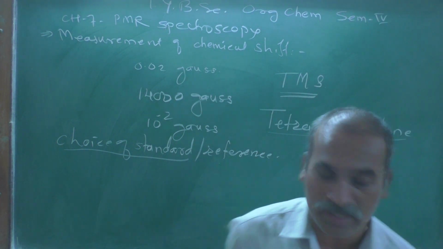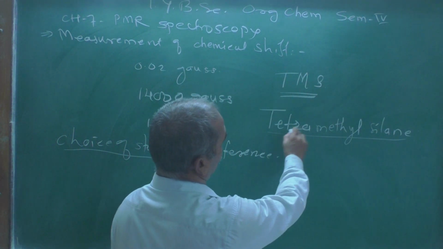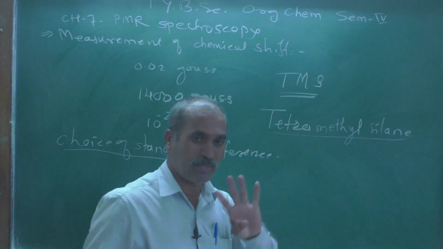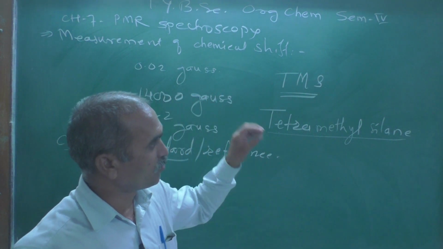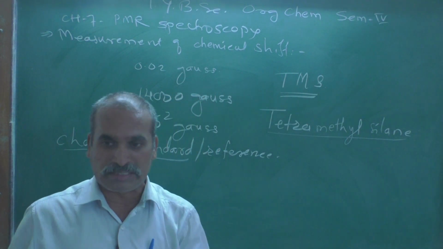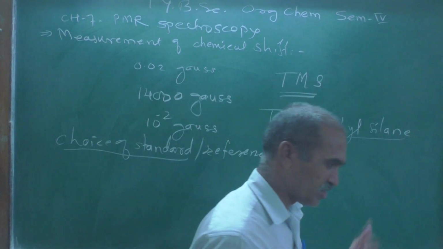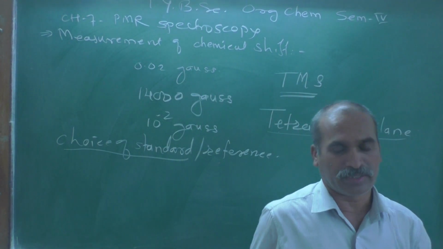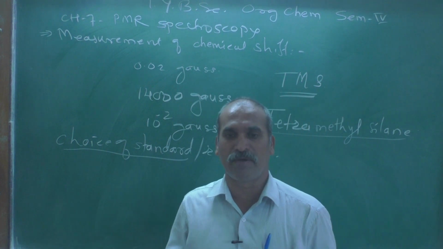And what will be the structure? As we know, tetramethylsilane, tetra means 4, methyl groups attached to the silicon, which is one of the members present in the carbon family.